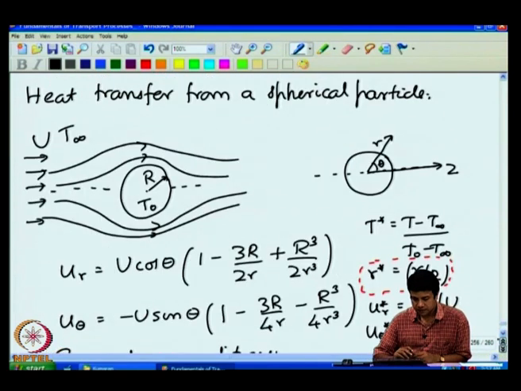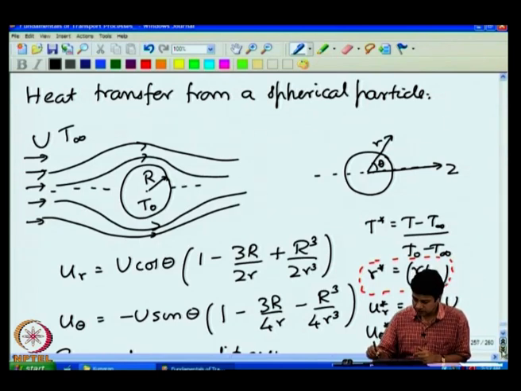Note that at the surface of the sphere, the flow is in the theta direction. So, theta is the streamwise direction, r is the cross stream direction. R is the direction perpendicular to the flow at the surface of the sphere.